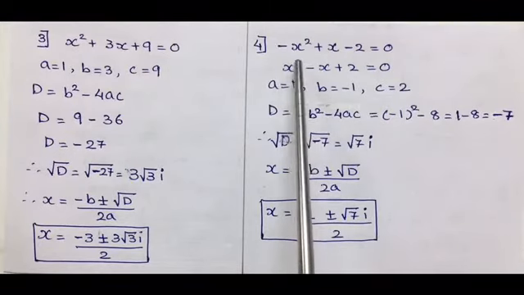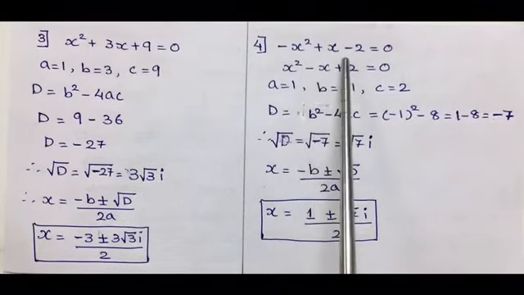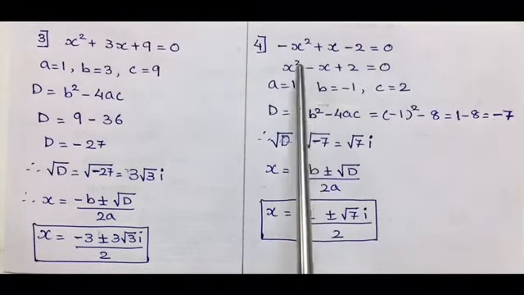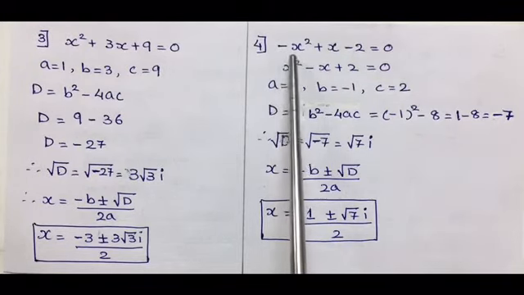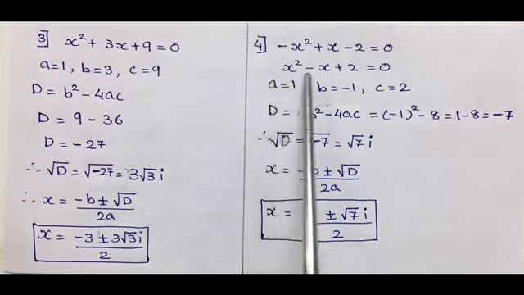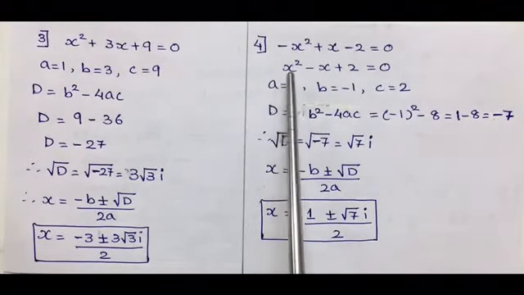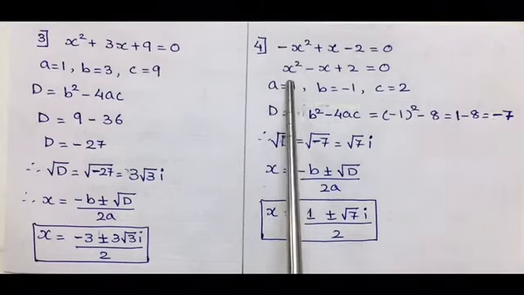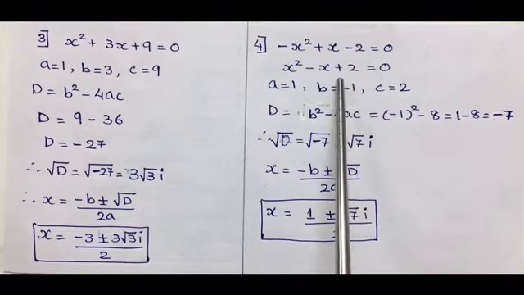Fourth one, the question given is minus x square plus x minus 2 equal to 0. Now if we don't want to keep the first term, the coefficient of x square, as negative, we can multiply the whole equation by negative. So x square becomes positive, x becomes negative and 2 becomes positive.